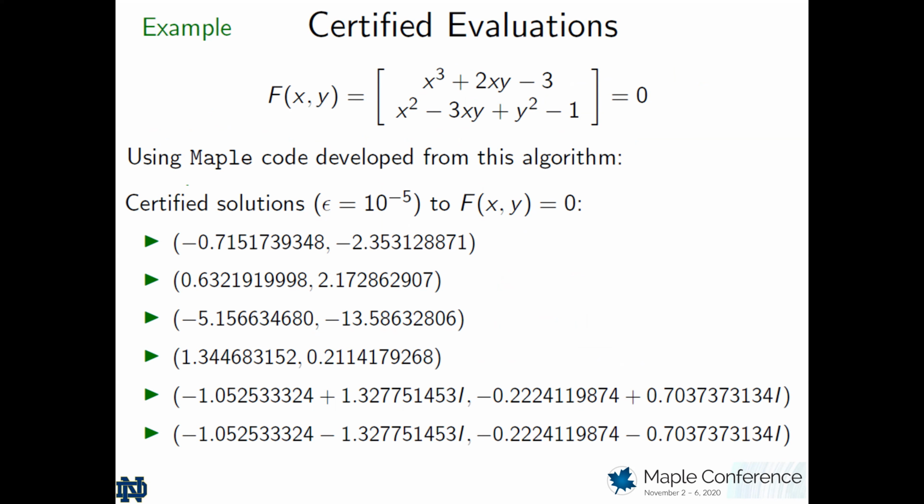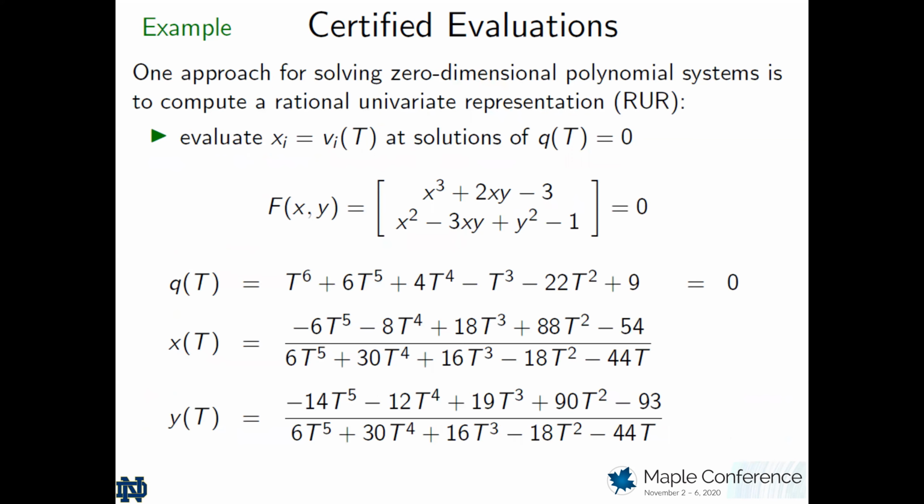And here are the certified evaluations of them, which means that these points listed are guaranteed to be within 10 to the minus fifth of actual roots of f. And all this uses is this Lipschitz continuous property applied to the rational functions in this RUR.